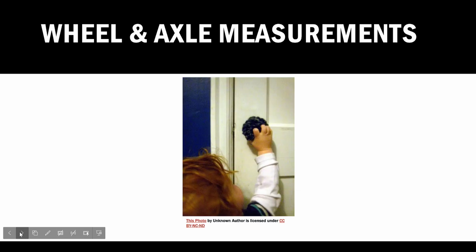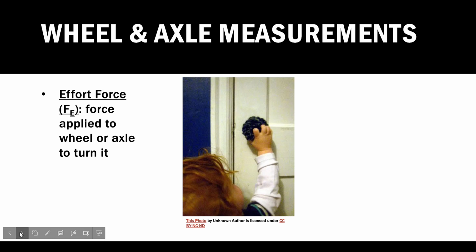The forces also mean the same thing, and we just want to look at where those forces exist in a wheel and axle. Here we have a toddler turning a doorknob, always exciting yet dangerous. The effort force is the force applied to the wheel or the axle to turn it. So in this case, the knob itself is where the hand is applying the force.